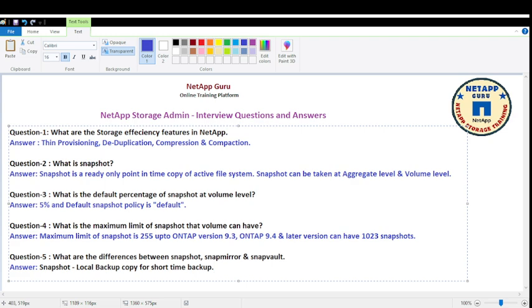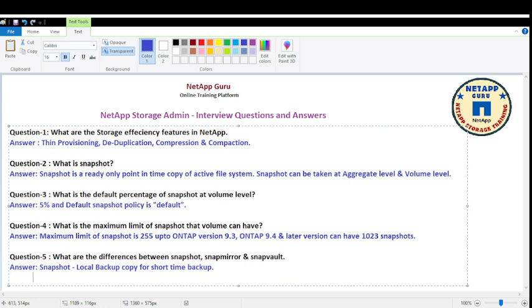So if you have a volume on the production side, the snapshot will be created at the production site only. And this snapshot is created inside the volume. Okay, if the volume is destroyed, your snapshot will also be destroyed, right? So this is a local copy, and a short time backup as well. I hope you understand the snapshot.